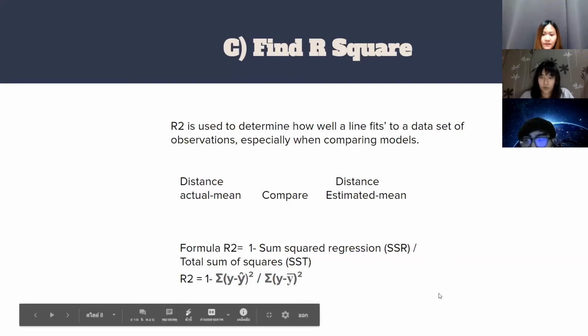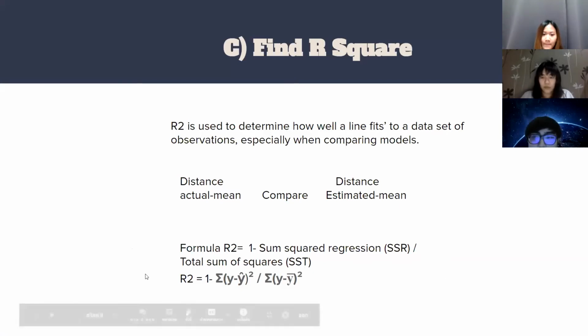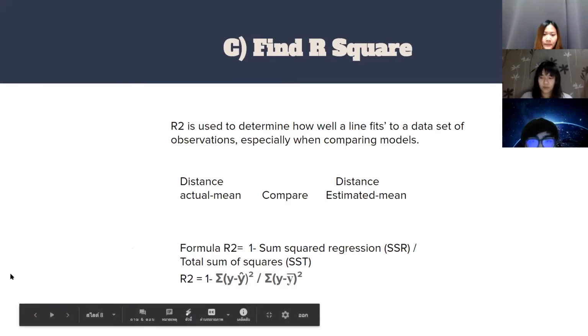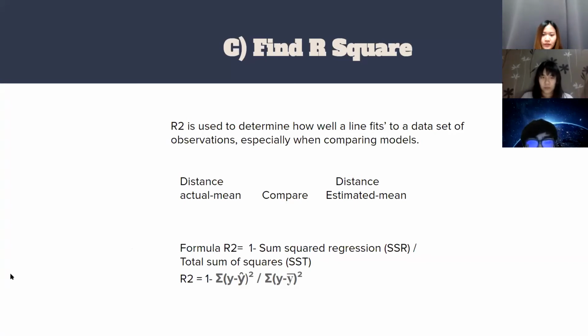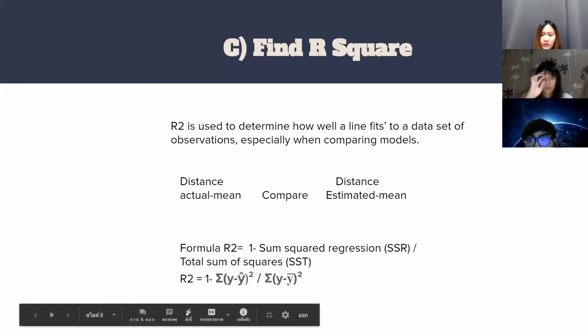And now it's for the last question, question C. They want us to find the R square. So let's begin with what the R square is. R square is a measure used to determine how well the model fits your data or observations. It's like an estimation of your data.